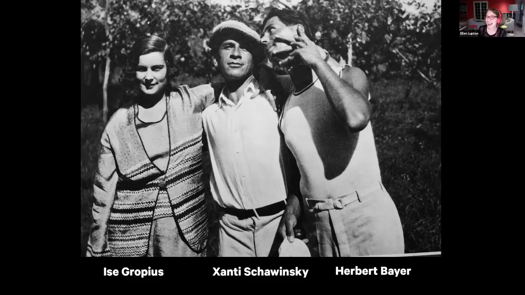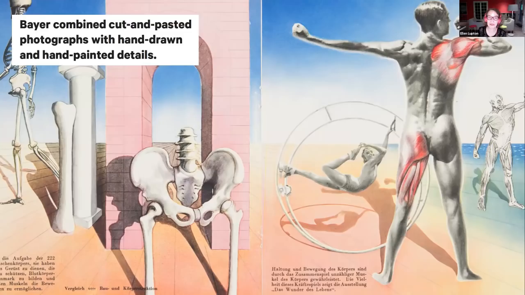And despite that, the marriage survived, Gropius's marriage survived, and Herbert Bayer's friendship with Gropius survived for the rest of Gropius's life. The three of them were still incredibly close friends for decades that followed, which is kind of beautiful.